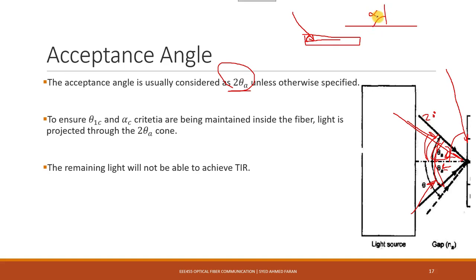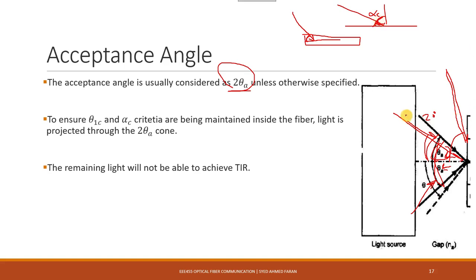We discussed that the critical propagation angle is an angle that is very small. We require light to be very flat, so this angle should be very small. But this angle is very large. So if light is falling from this direction, then it will not be able to achieve the critical propagation angle that is required, or the critical incident angle that is required, and it will not experience total internal reflection.